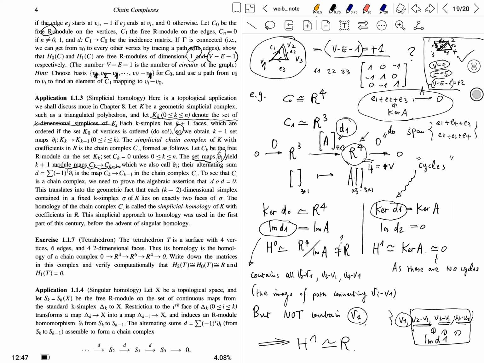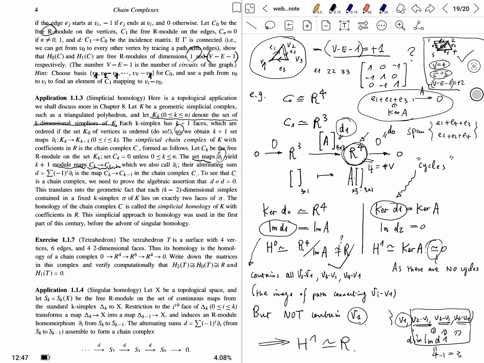But V1 is not. That's why the image of D1 has one less dimension than the free module generated by all the vertices, which has dimension V, and so the image of D1 has dimension V minus 1. That's why this is always isomorphic to R.